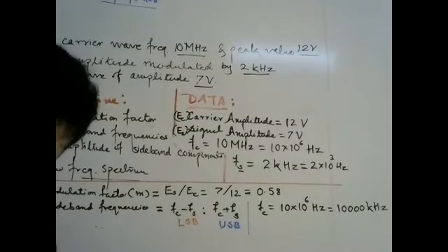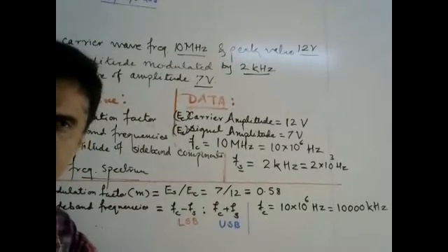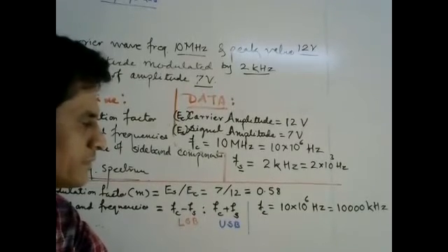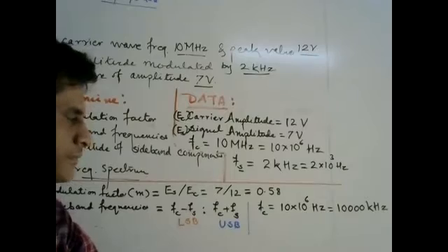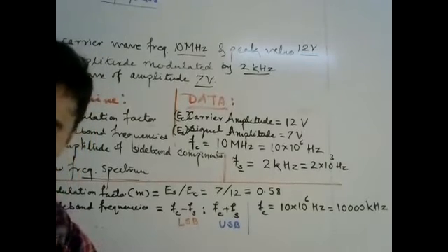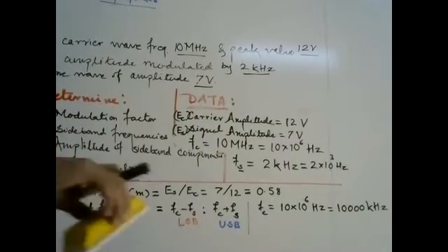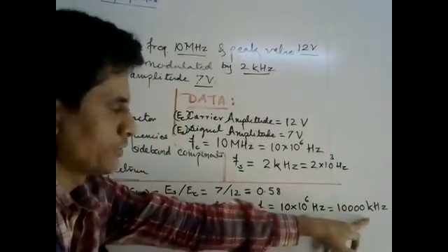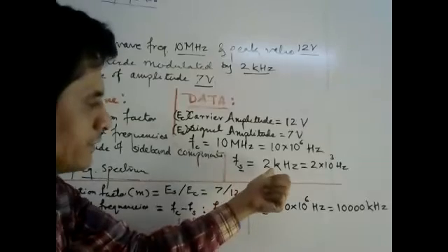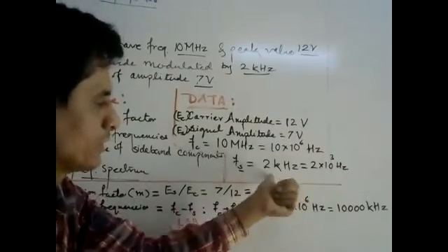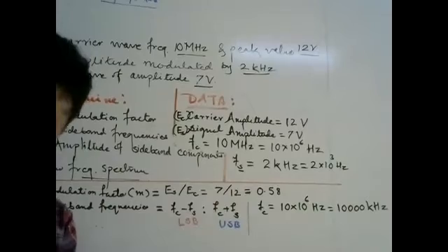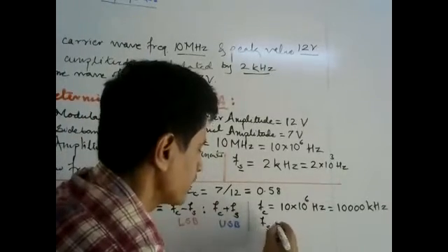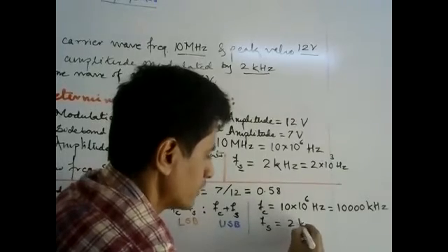Okay, equal. And see, 10 into 10 raised to 3 is 1 kilo. So can you convert this, what is this, 2 kilo. So Fs is equal to 2 kilo.